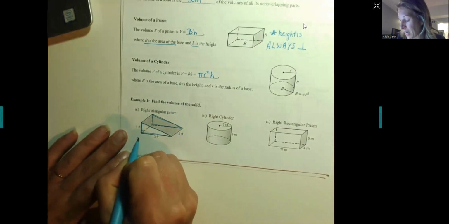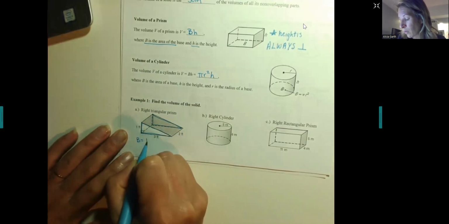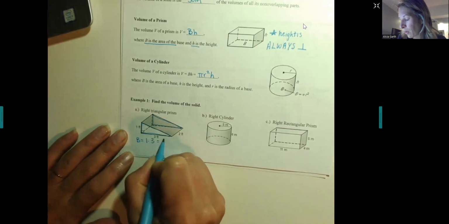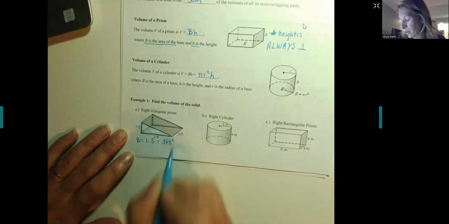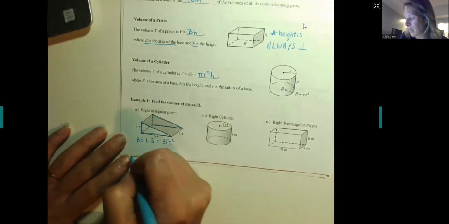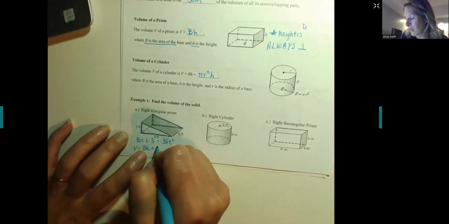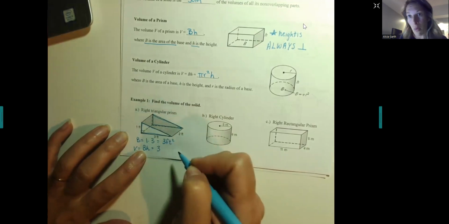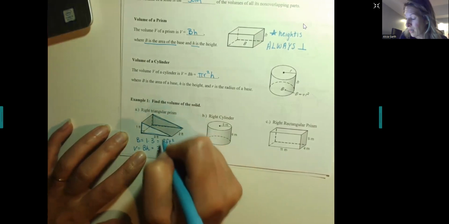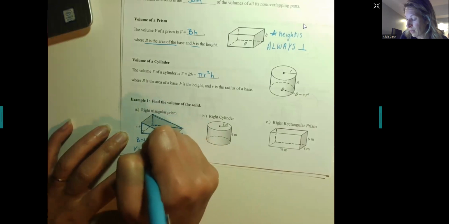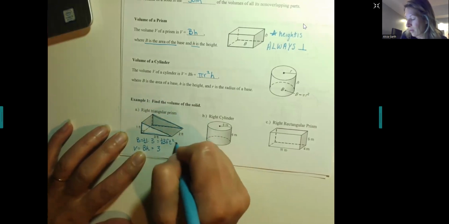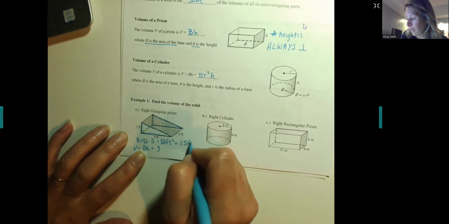So the area of this base is 1 foot times 3 foot, or 3 foot squared. And then we have to multiply it times the height because volume is base times height. Oh, and I forgot my 1/2. I'm so sorry. It's a triangle, so it's 1/2. So that is 1.5 feet squared.